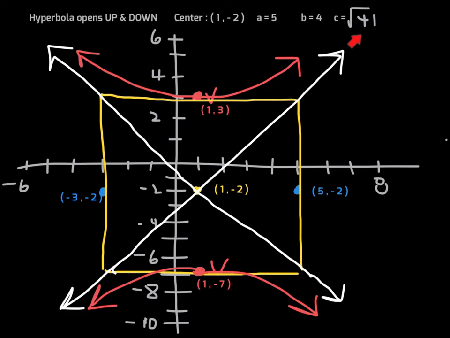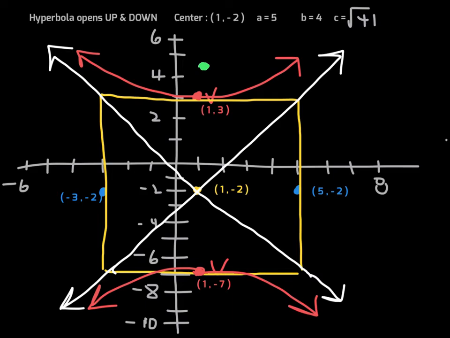So when I move up the square root of 41 units from my center, I'm going to end up more than 6 units up, which would be between 4 and 5 units on the y-axis. So about right there. My first focus is going to be about right there.